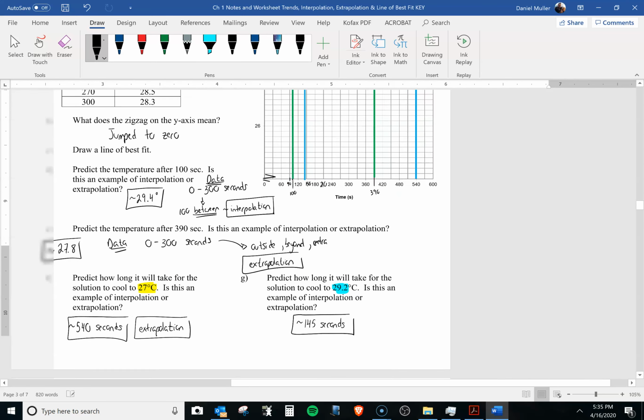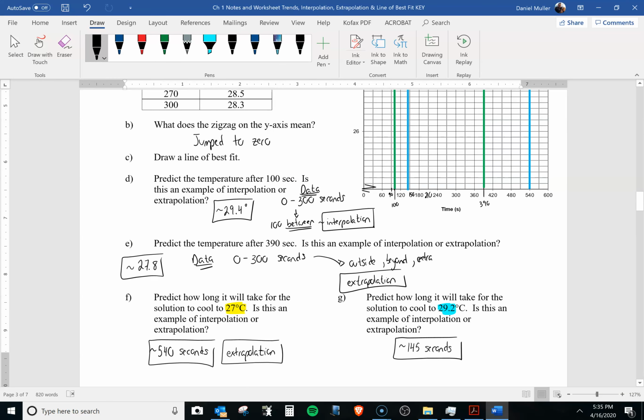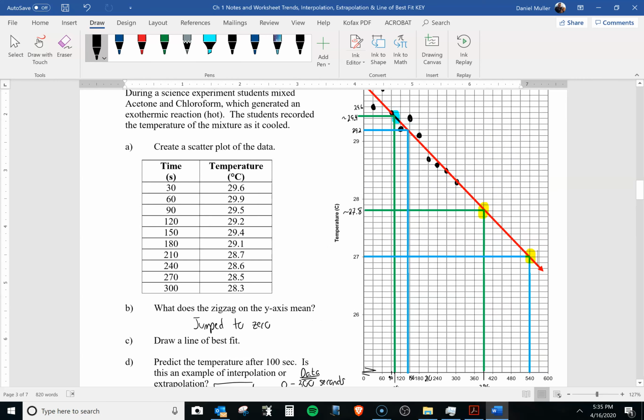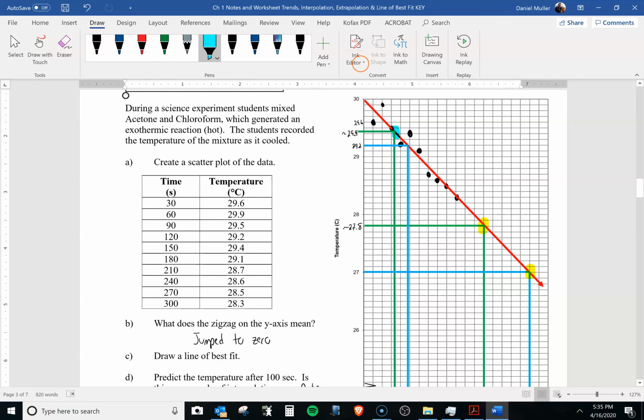So is it in between? Is that point that we looked at in between, or is it outside? And so again, here's my data points, and then here's the one that I found. And it looks to me like, yes, it is indeed in between my collection of data, so I would say it's interpolation.